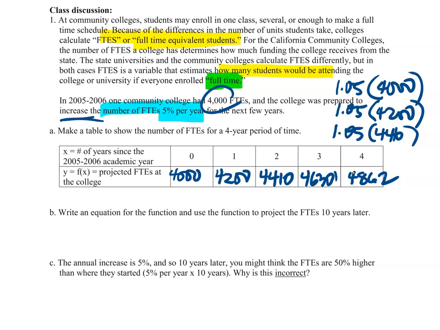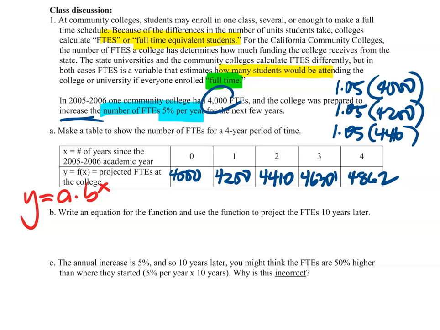Okay, so write an equation of the function and use the function to project the FTES 10 years later. So what's going on here? Remember our exponential. It's going to be y is equal to a times b raised to x.